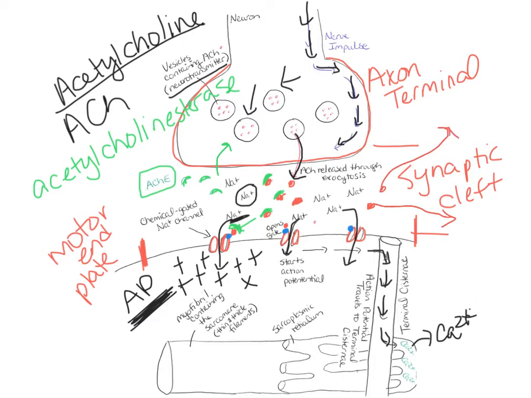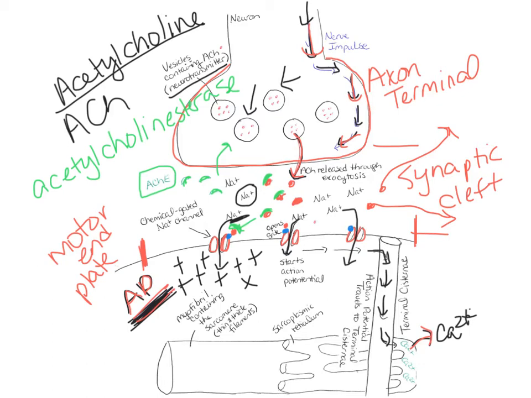So in any case, if we don't have a nerve impulse on the neuron, then we're going to stop the release of acetylcholine into the synaptic cleft, and then we're not going to get an action potential on the muscle, so then we're not going to get the release of calcium from the terminal cisternae. So if you understand how this process works, then you could understand how maybe some medications work.